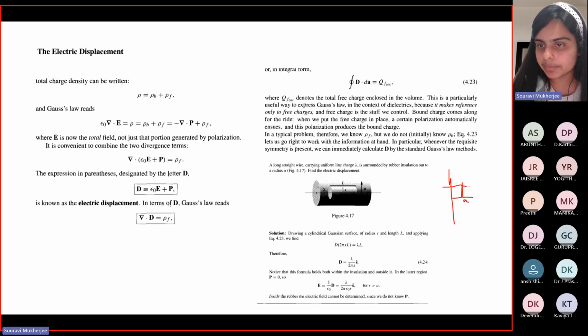And then consider an arbitrary length L enclosing some charge. This is suppose your charge distribution, right? It will have some charge.